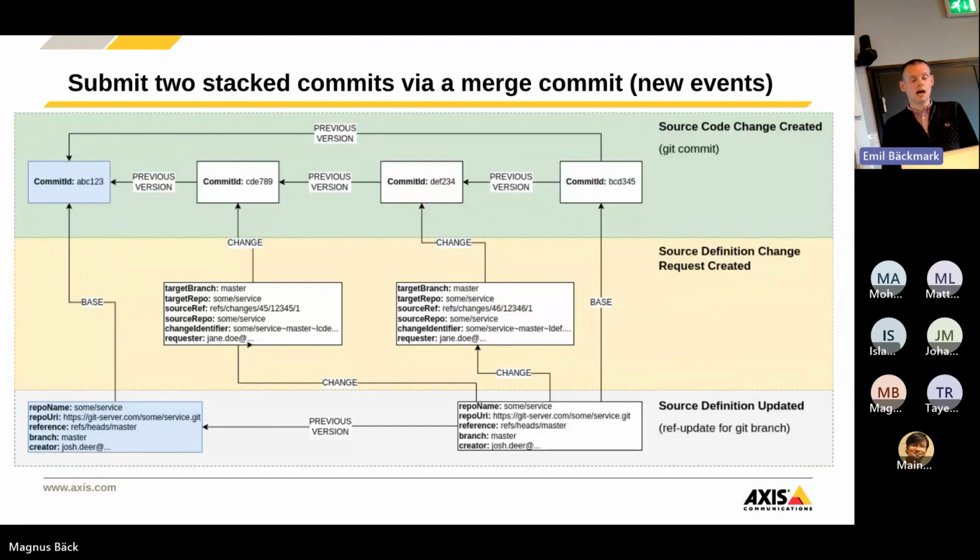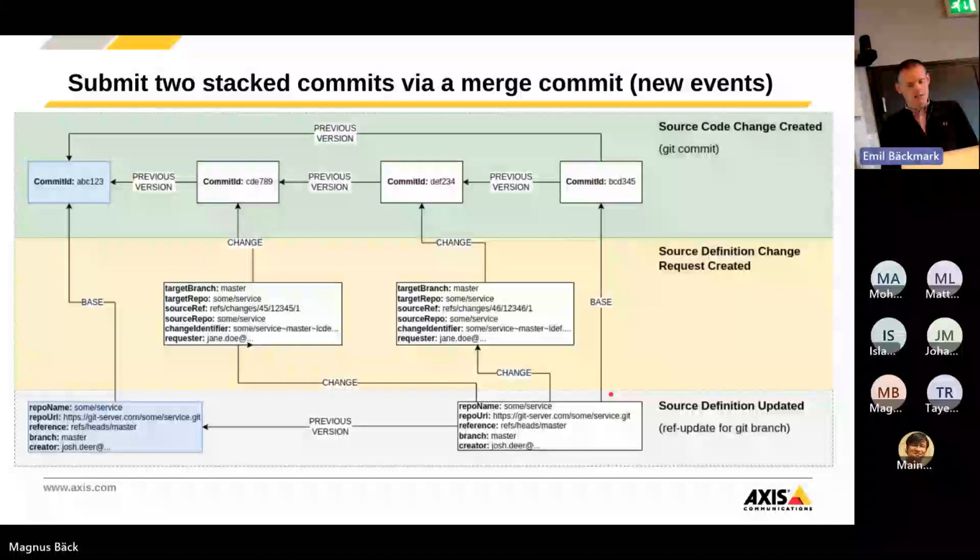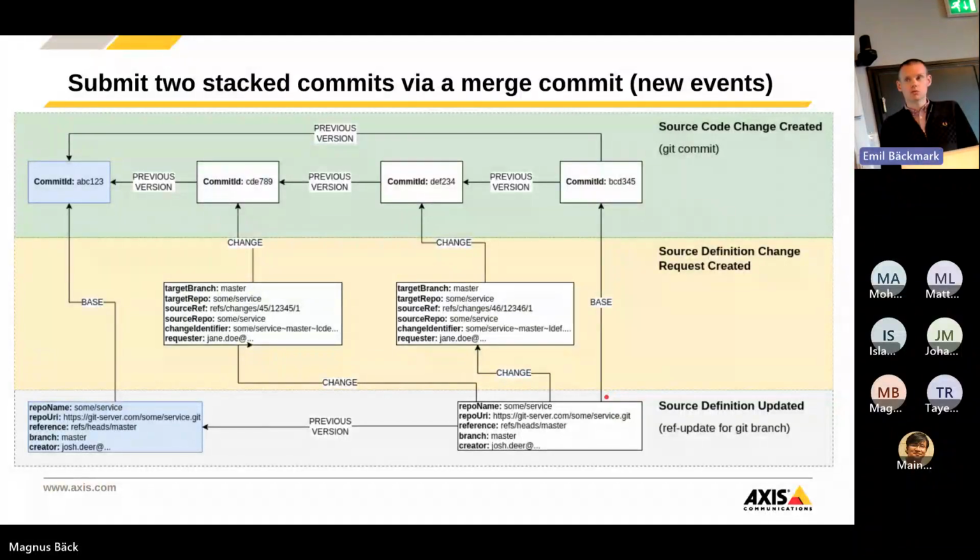You want to have the commit ID somewhere. So what was the proposal then, to include it in the source definition change? I don't know. If we don't have it described as an event, we want to have it somewhere. Makes sense, then it should of course be in one of the other events.